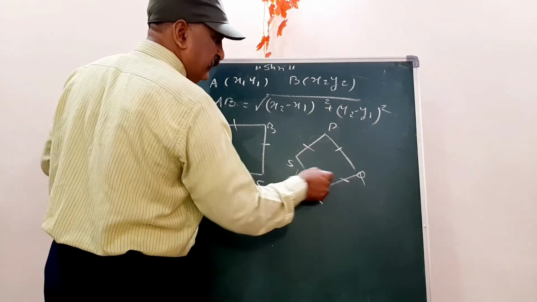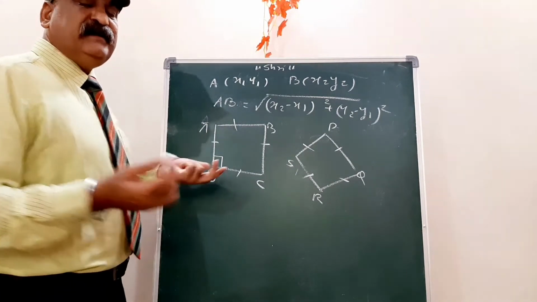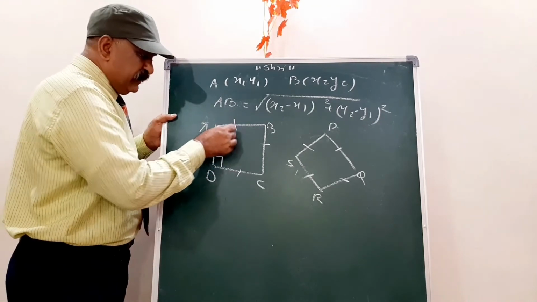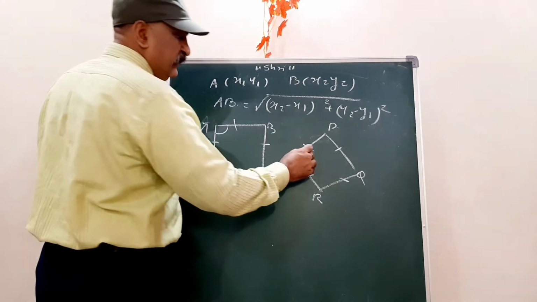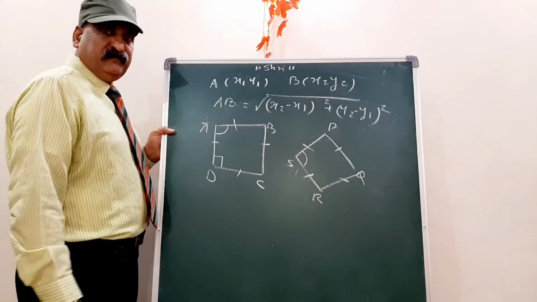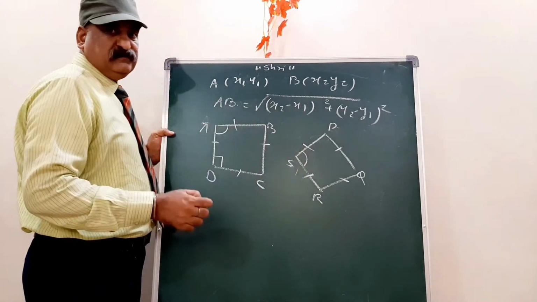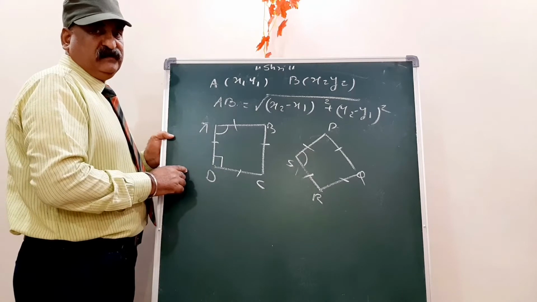All the 4 sides are equal. This is a rhombus. Now you can ask me, sir, what is the difference between a rhombus and a square? In a square, this angle is equal to 90 degrees. But in a rhombus, this angle is not equal to 90 degrees. Every square is a rhombus, but a rhombus is not a square.